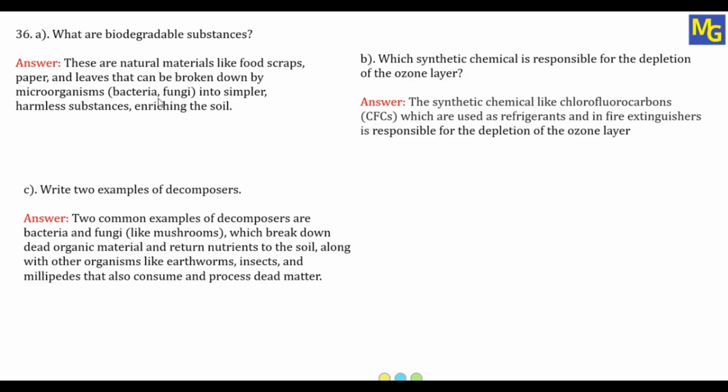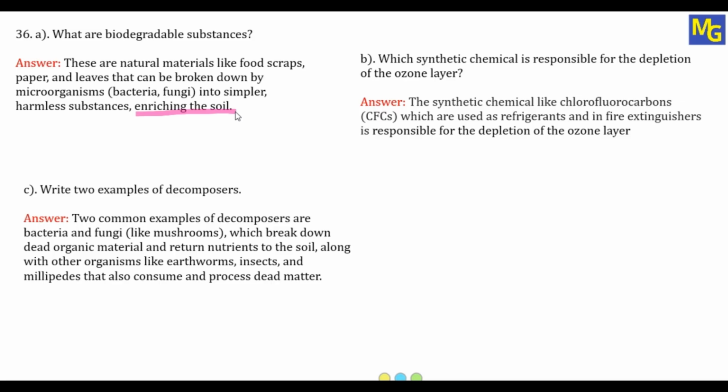It is nothing but some kind of fungus growing on the material. Especially on bread, you may have seen some black material form after 4-5 days. That is the microorganisms growing on the bread. They will eat the bread, roti or food waste and convert it into simpler harmless substances, and it will again get mixed into the soil.